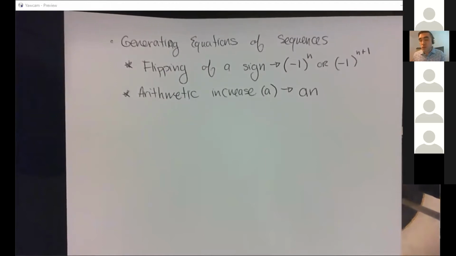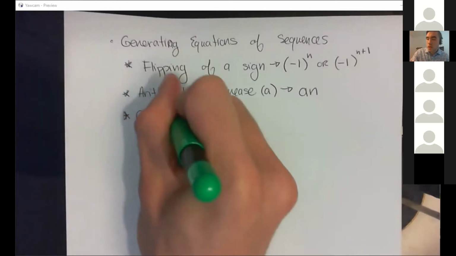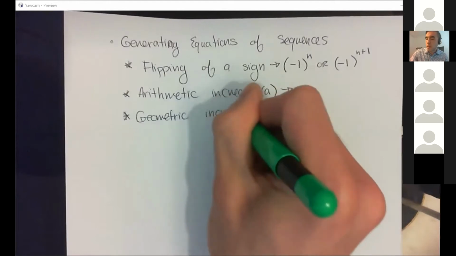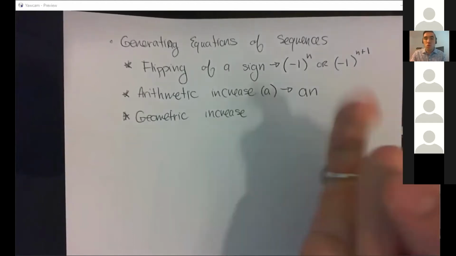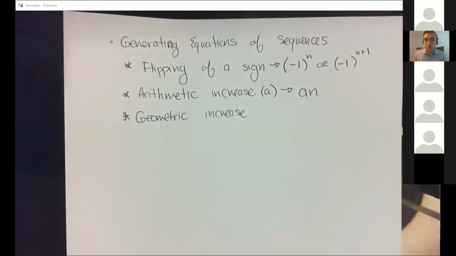The other type of increase where maybe we increase by the same multiplier every time, that would be considered a geometric increase. Again, this is vocab from geometry, because we talked about arithmetic sequences and geometric sequences in 2 different sections. So let's say that our sequence, I'm sorry, I keep mixing up the 2, multiplies by 3 every time. So we go 1, 3, 9, 27, etc., right?